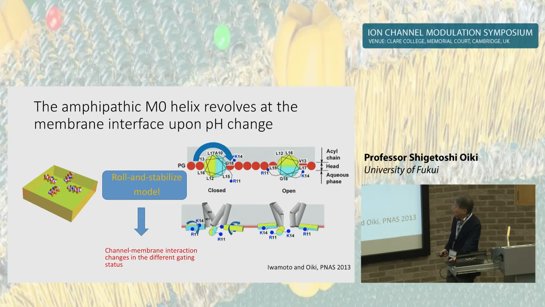So the M0 helix may rotate around the helix axis between the open and closed conformations. This is our predicted change in the M0 helix.